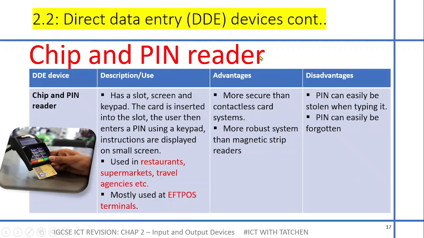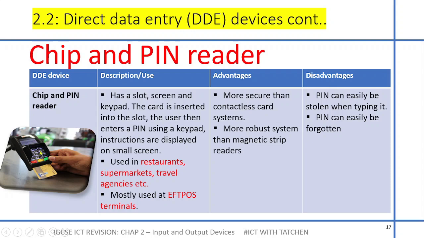Now, the next direct data entry device we want to look at is the chip and pin reader. The chip and pin reader is also a direct data entry device. So simply, you have your card. The chip and pin reader has a card slot here. This is your card. You slot your card into it, and it has a screen which displays whatever you're doing.